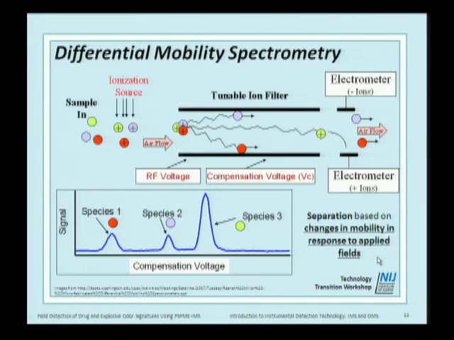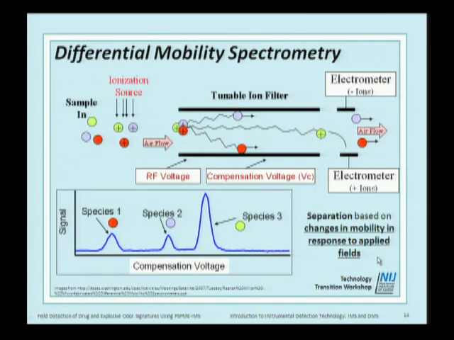You have 2 plates, and an RF voltage is applied to one of them. And that RF is perpendicular to the actual gas flow. So the ions are going to want to go to either the top electrode or the bottom electrode. But if they go up to the top electrode or the bottom electrode, they'll get neutralized. So in order to steer the ions through the 2 parallel plates to the detector, you need to introduce a compensation voltage.